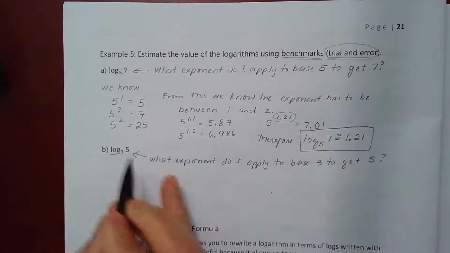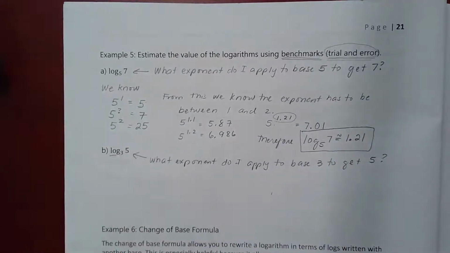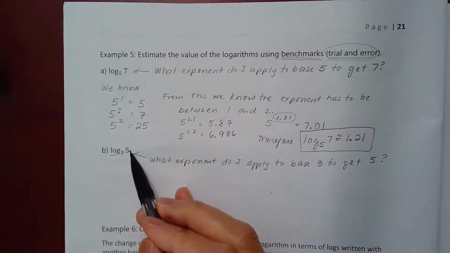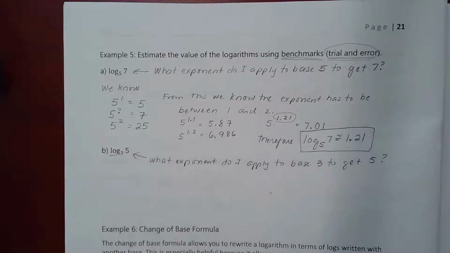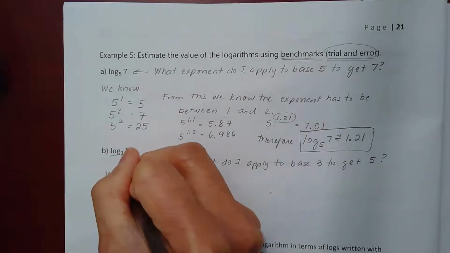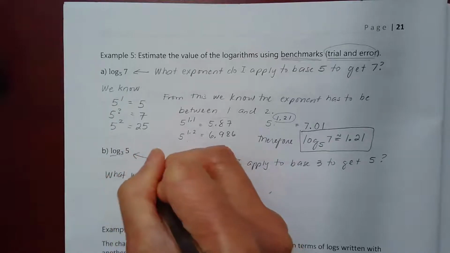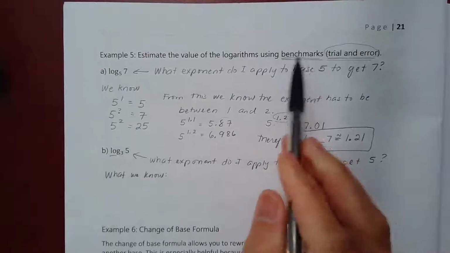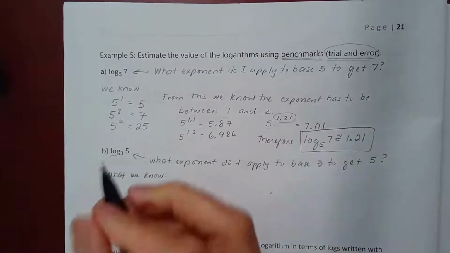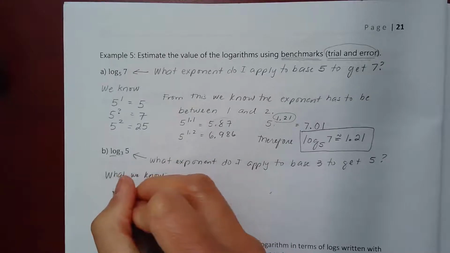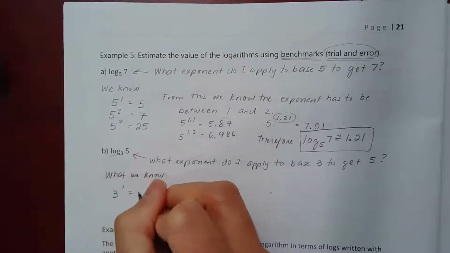That's what logarithm is, looking for the exponent that we need to apply to 3 to get a 5. So what do we know? We always start with what we know, and that's the benchmarks that they're talking about in here. We know that 3 to the 1 will give us 3.